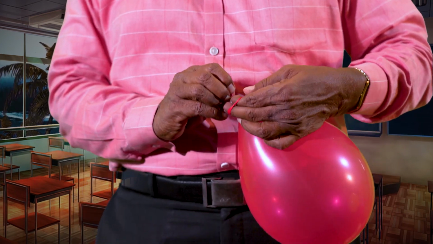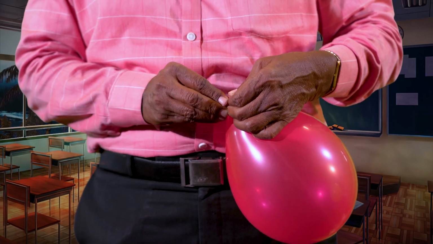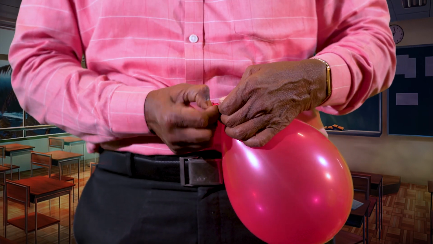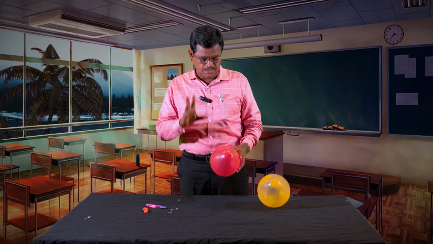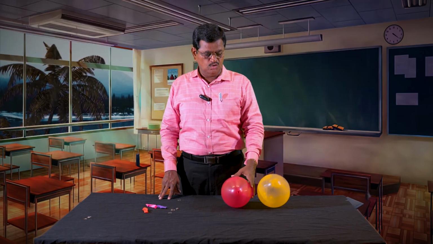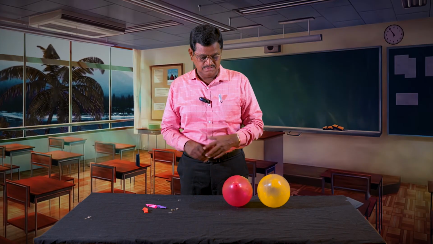Tie the balloon at the neck, in the same way. So we prepared 2 balloons. The yellow balloon contains one object, the nut, and the red balloon contains the coin.